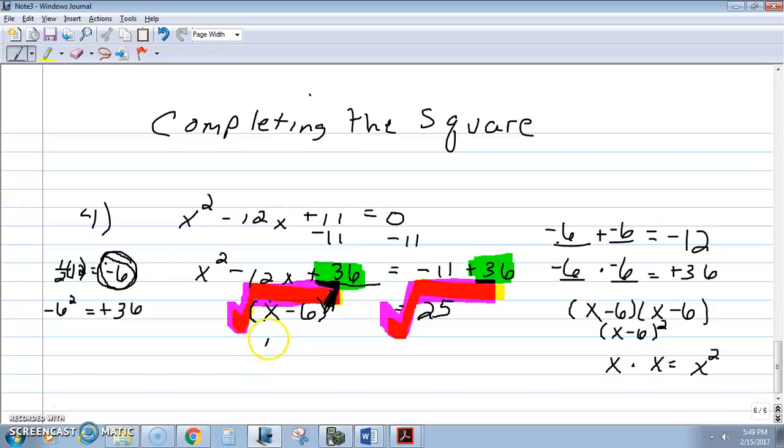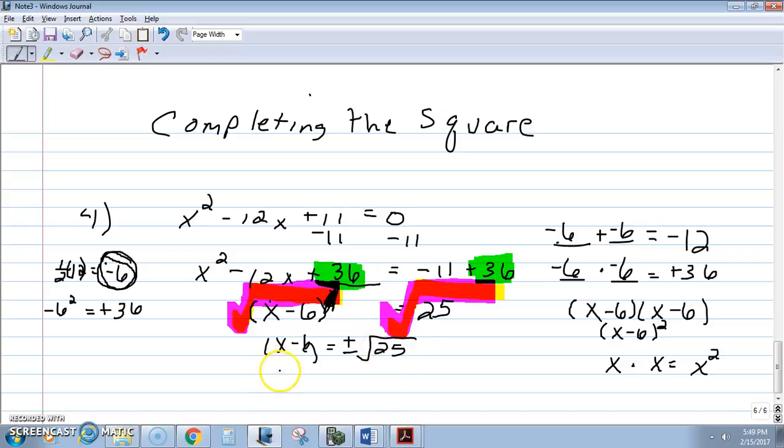So on this side, I just have x minus 6 is equal to, and remember, whenever we take the square root, it has two answers, a positive answer and a negative answer. That's where we get our two answers for our quadratic.